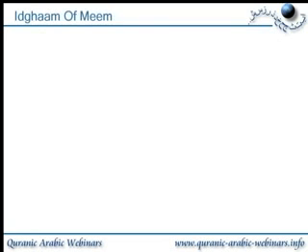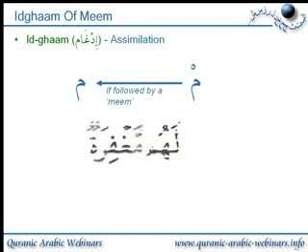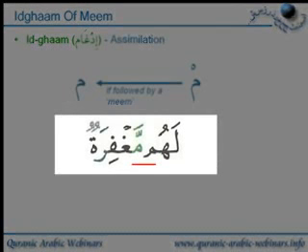So the Idghaam of Meem. Again, Idghaam means assimilation, and we have Meem Saakin followed by another Meem. Here's an example: lahum maghfira. What's happening here is we've got a Meem Saakin in lahum, and the next word starts with Meem.